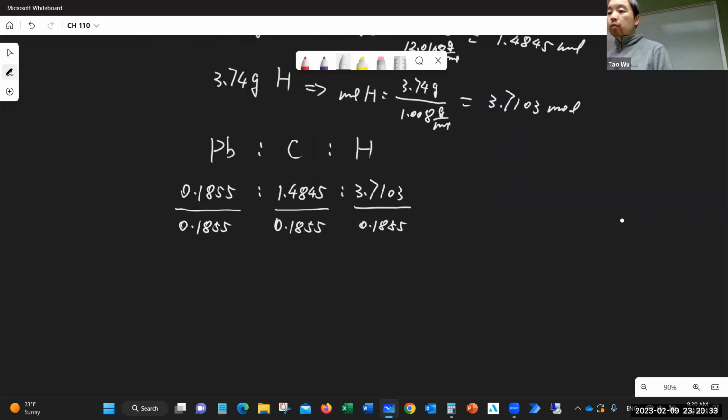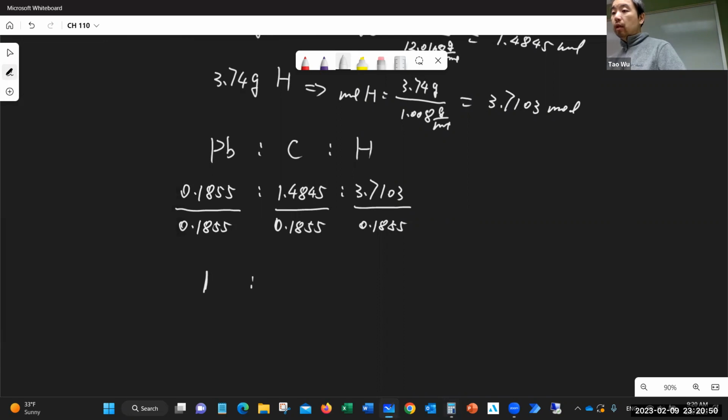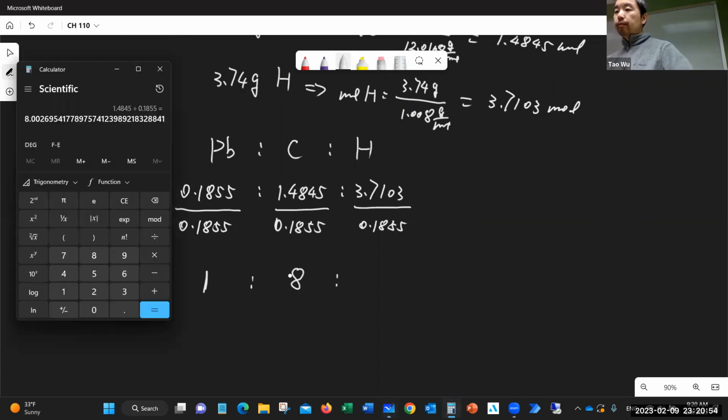Obviously this one is 1. The next one, 1.4845 divided by 0.1855, we got 8.00, so absolutely it is 8. And the last one, 3.7103 divided by 0.1855, we got 20.